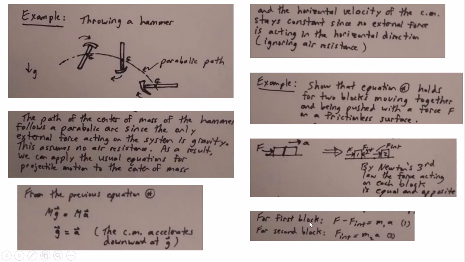For the first block, F minus F internal is equal to m1 times A, and for the second block, F internal is equal to m2 times A, and I call these equations 1 and 2. Keep in mind that I'm not showing vector notation because this is a 1D problem, and we don't have to use vector notation for convenience. M1 and M2 are the masses of blocks 1 and 2 respectively.